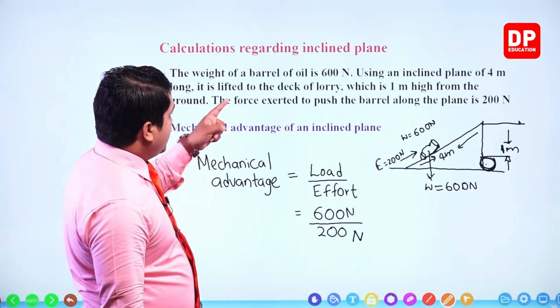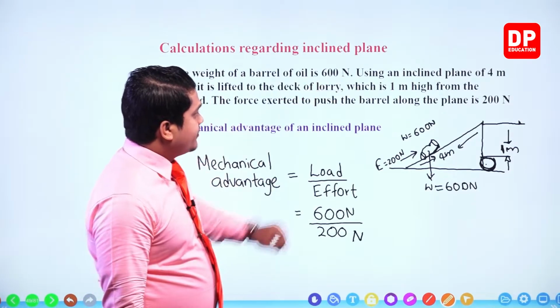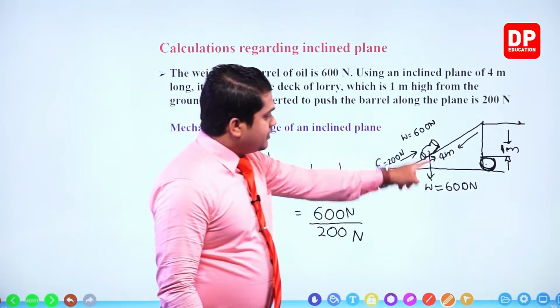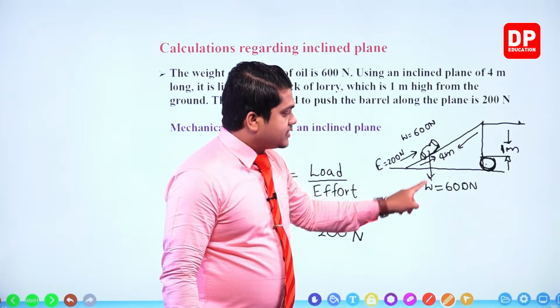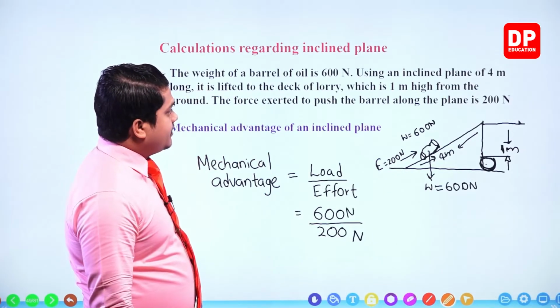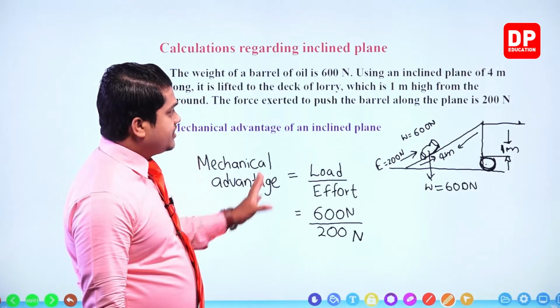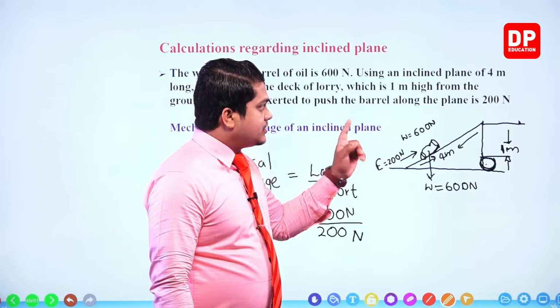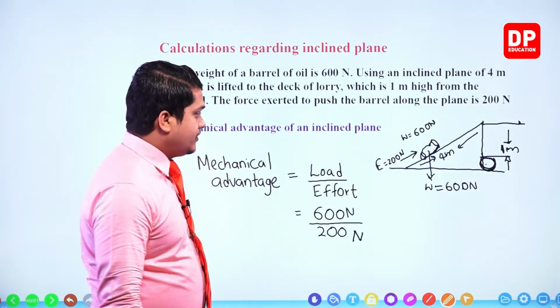Here it is given as 600 Newton, which is the weight of the oil barrel. Then the effort, the push given to take the barrel along this inclined plane upwards, is equal to 200 Newton.